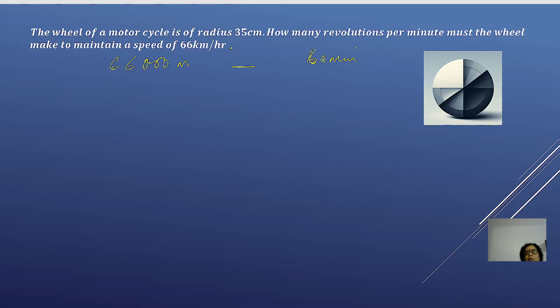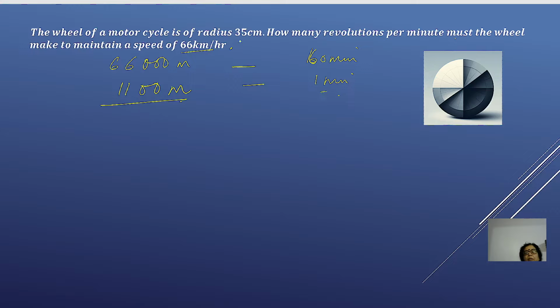But the question asks how many revolutions per minute. So in 1 minute, what is the distance it has to cover? This will be 66,000 divided by 60, that is equal to 1100 meters.